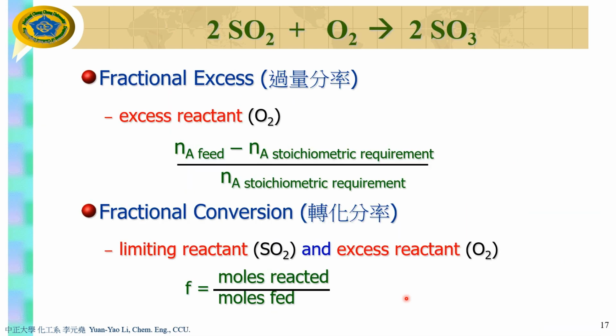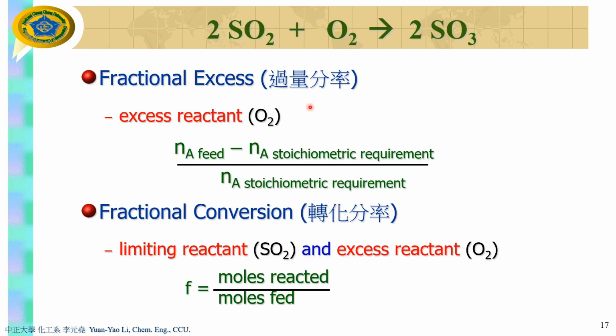So what I want to tell you here is that maybe next week, Kahoot, you need to use these 2 equations to get the answer. So you need to know the definition of the fractional excess and the fractional conversion. And according to this equation, the fractional excess is normally for the excess reactant, so you only have oxygen to do the calculation.